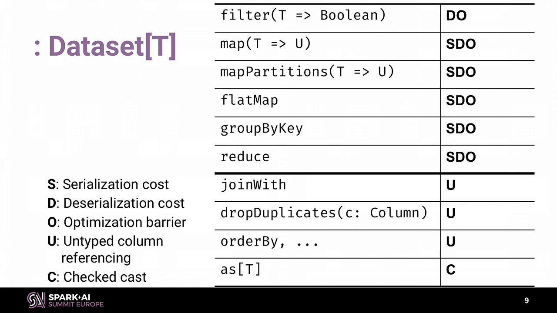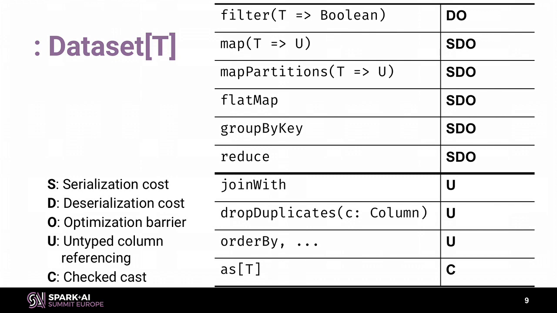For example, joinWith accepts a dataset of T and a dataset of U and returns a dataset of tuples of T and U, but it doesn't do anything with Scala code. The other ones below are slightly less interesting because they don't modify the schema, but they are part of the DataSet API too, without performance costs.